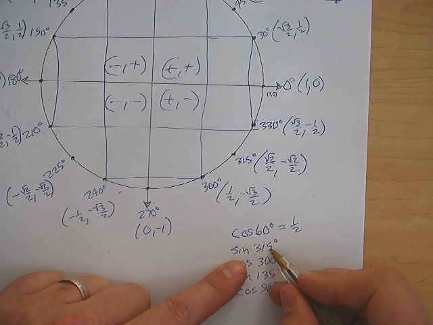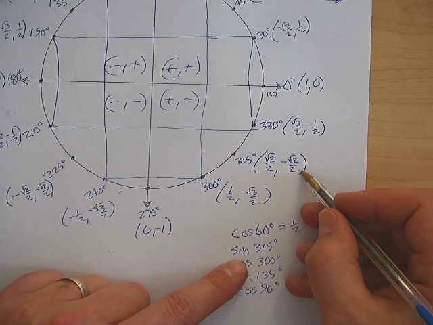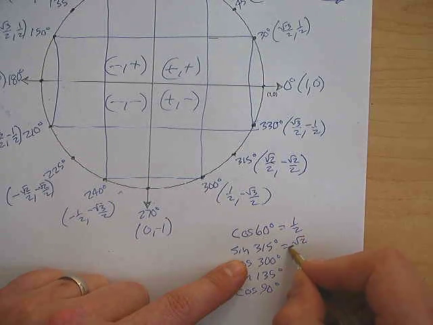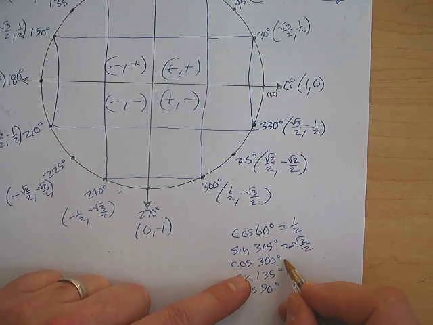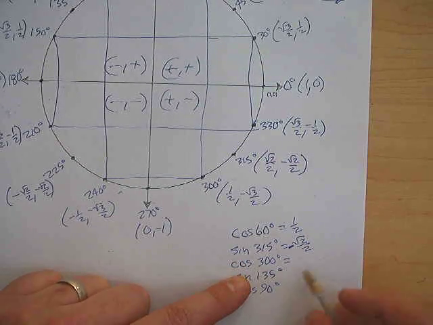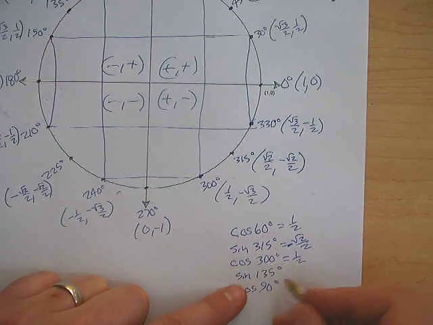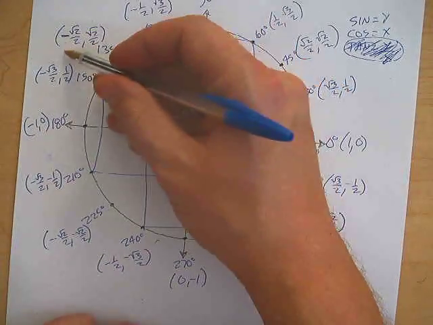Let's just do those, okay? Cosine of 60, I go to 60, I get the x coordinate. X coordinate is going to be 1/2. Sine of 315, I go to the y value at 315. That's going to be negative square root of 2 over 2, sorry. Negative. Make sure you have the correct signs. If you have the wrong signs, it'll be marked wrong.